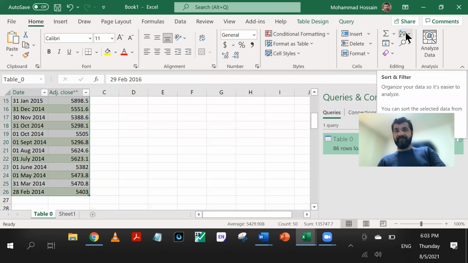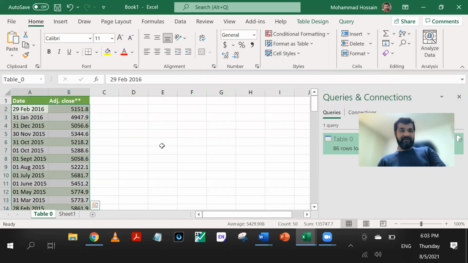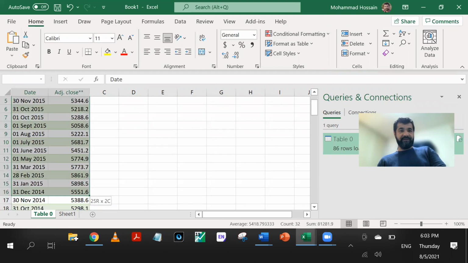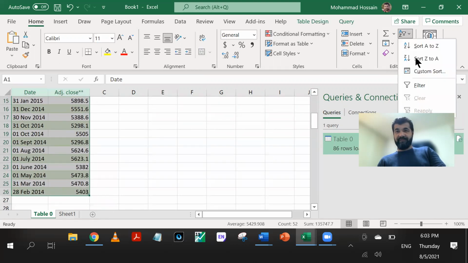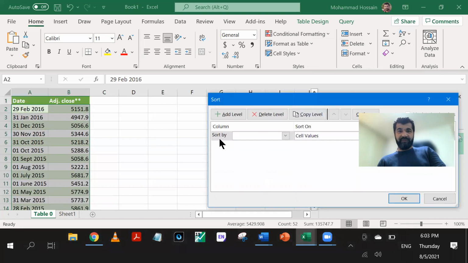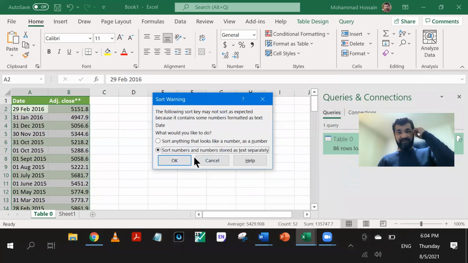Here is sorting. Okay. I don't need the filter. Filter based on sort A to Z, a custom sort, for example, sort by date. Okay. Sort by date. The numbers text separately.